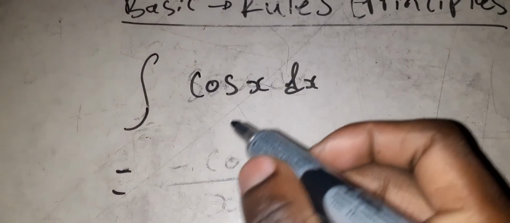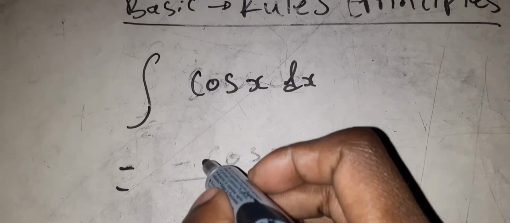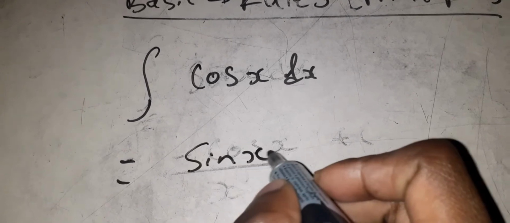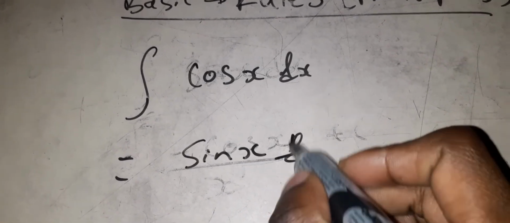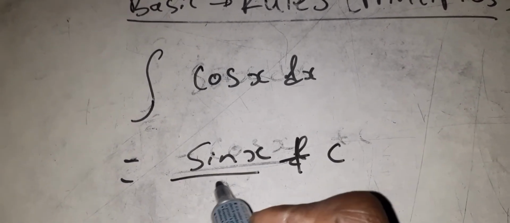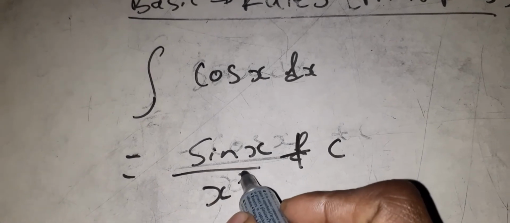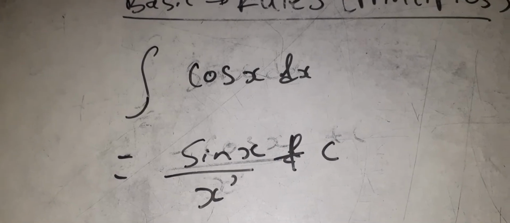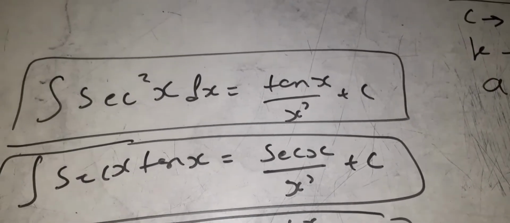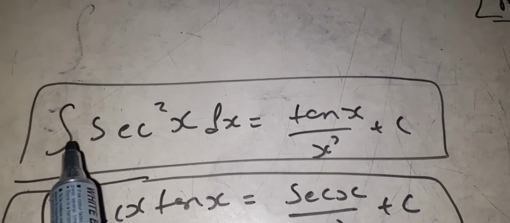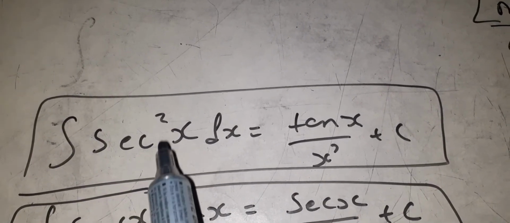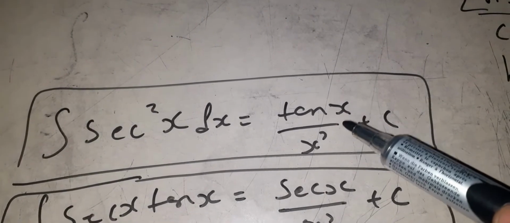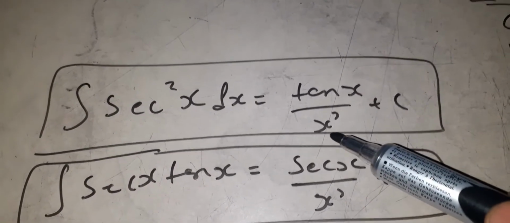Then if we're asked to integrate cos x, it gives us sine x plus c, then over the derivative of x. Remember that the top comma represents the derivative. Therefore, if we're asked to integrate secant squared x, then we have tan x divided by the derivative of x.